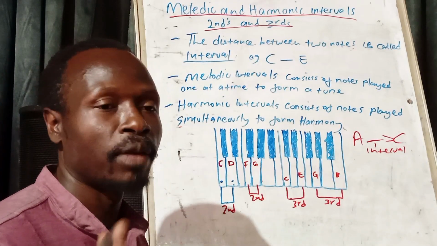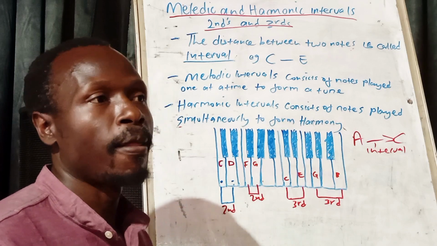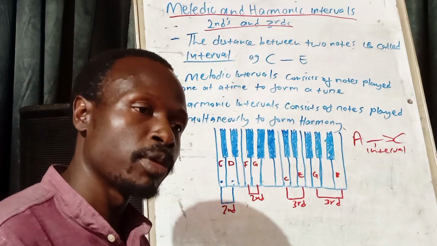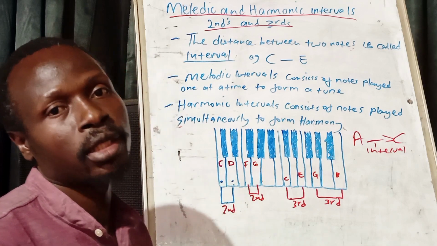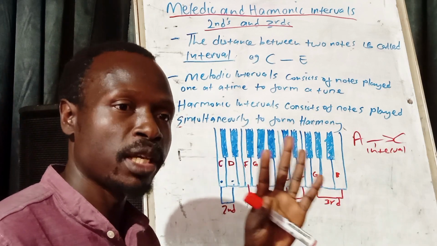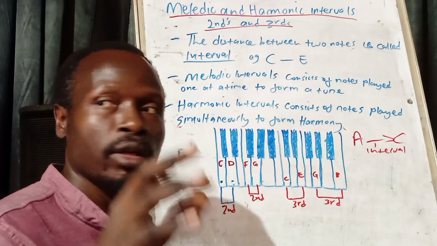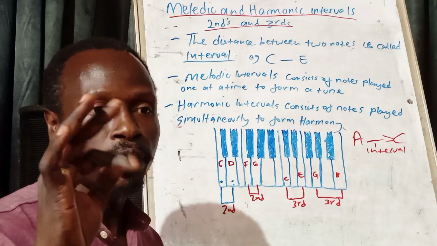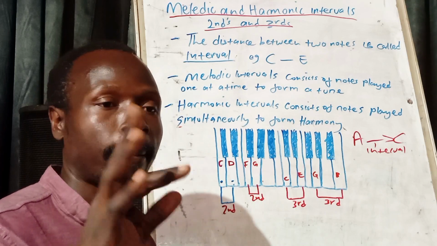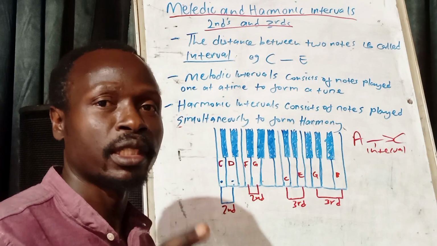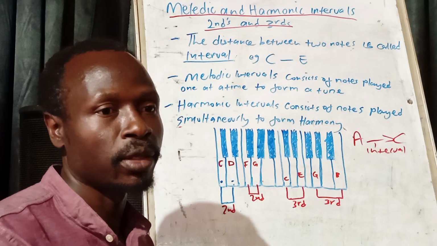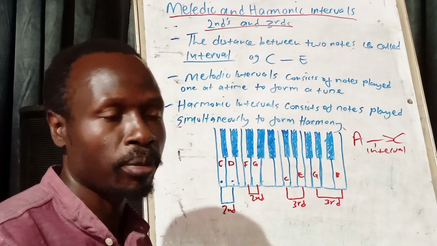Permit me to say that whenever we are playing keyboard, the right hand plays melody and the left hand always plays chords. So the right hand normally is doing the melodic interval. When you're playing a song, you're playing a melody.